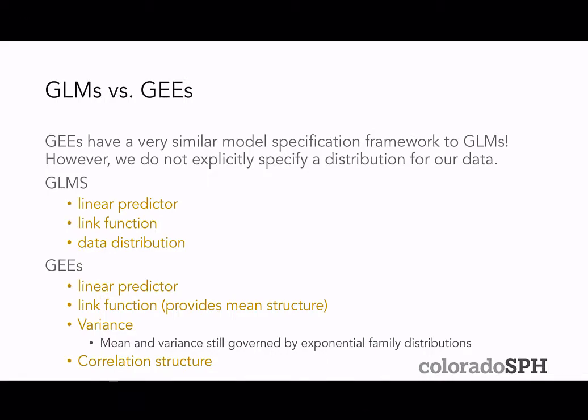So just a quick comparison of GEEs versus the GLMs that we've worked with earlier in the semester. The GEEs have a very similar model specification framework to GLMs. The main difference is that we don't explicitly specify a distribution for our data, but we do have to explicitly specify some kind of correlation structure for how responses are correlated in time.